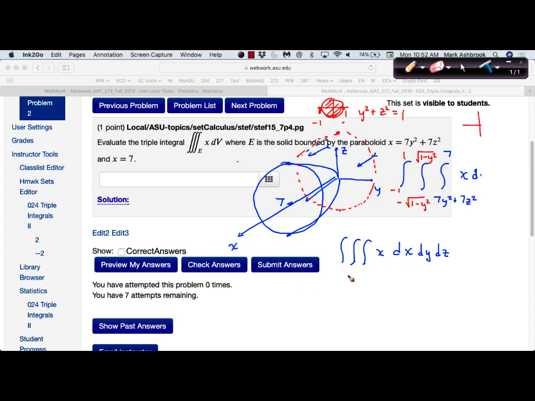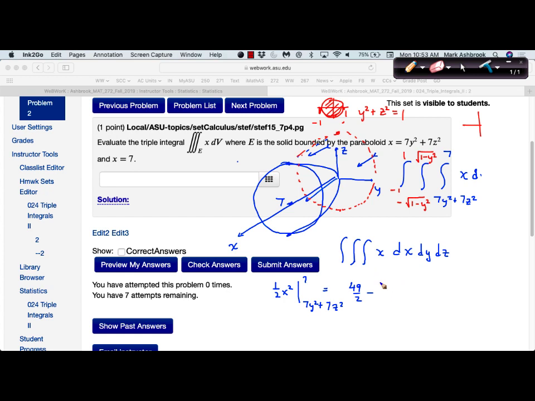With respect to x, the antiderivative is x squared over 2, from 7y squared plus z squared to 7. And then you're going to get 49 over 2 minus, funness.